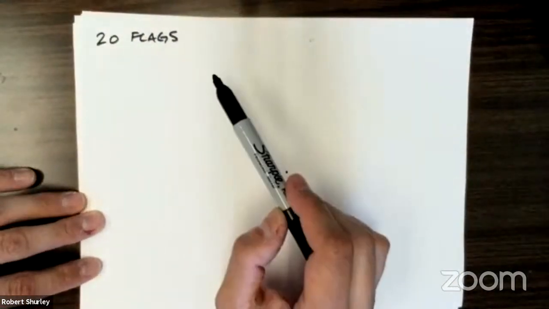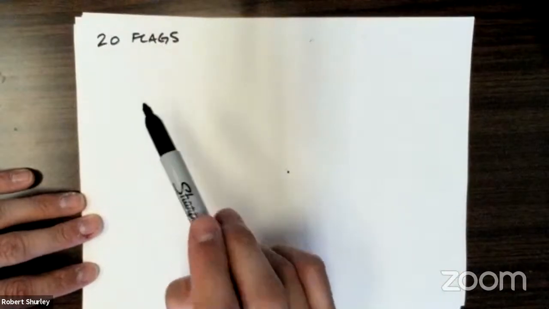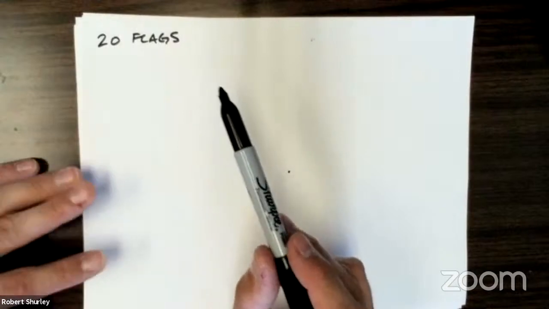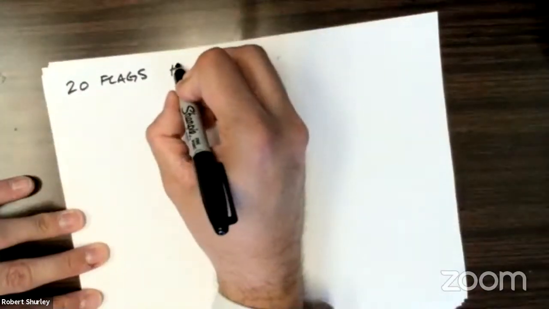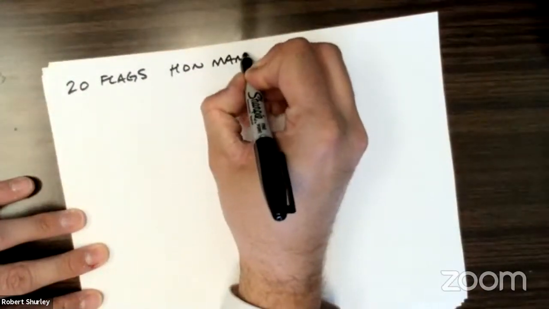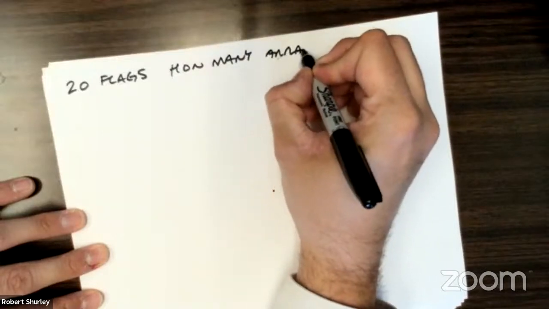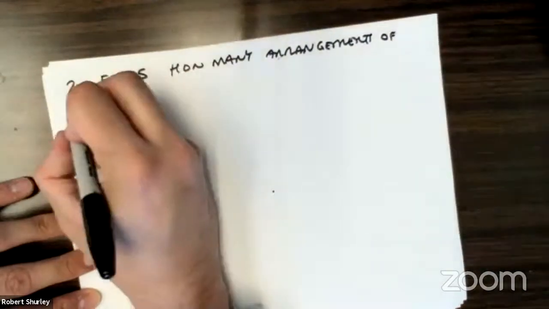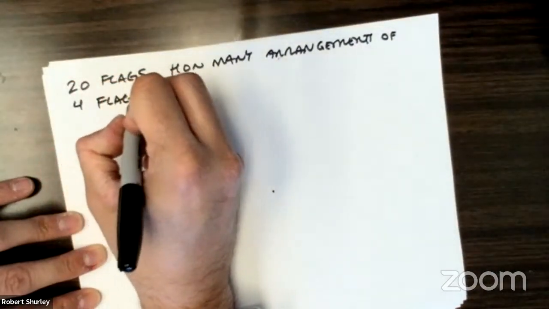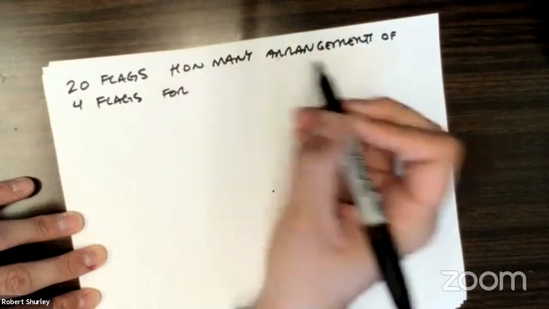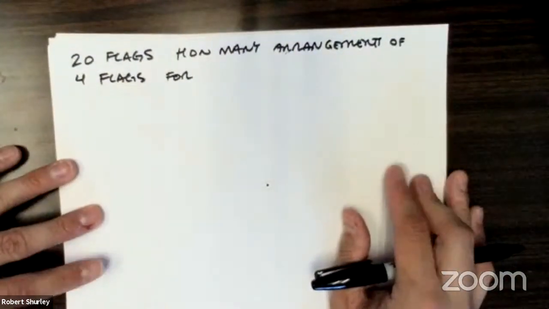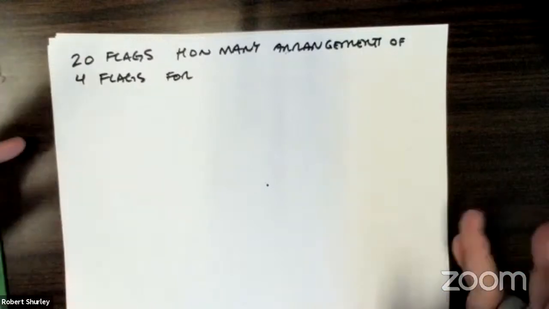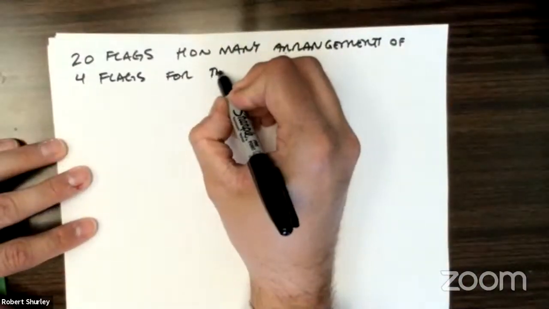Like a red, blue, and green flag would mean something different than a green, blue, and red flag. So the order matters when it comes to symbols. We want to know how many different arrangements of 4 flags there are, let's say just for the flagpole.